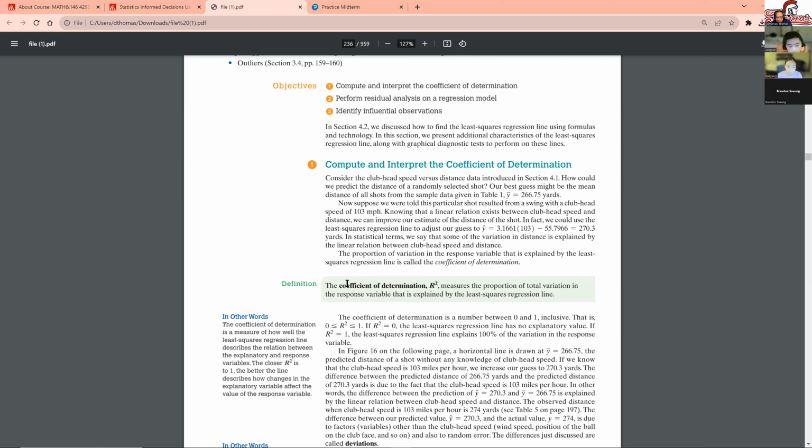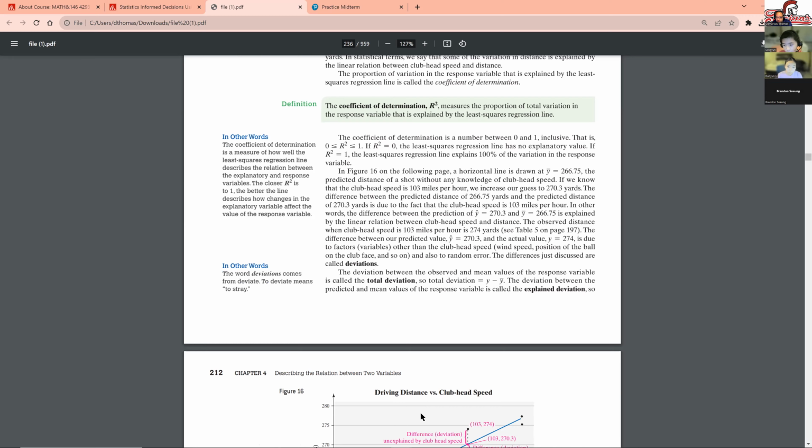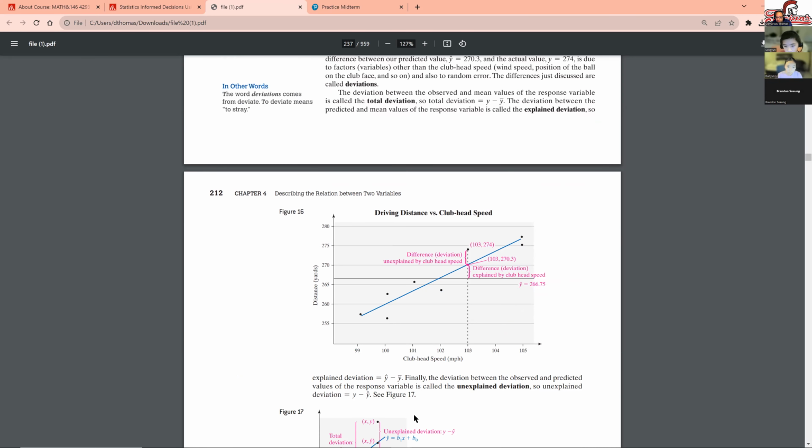Here, the coefficient of determination, R squared, measures the proportion of total variation in the response variable, the y value, that is explained by the least squares regression line.